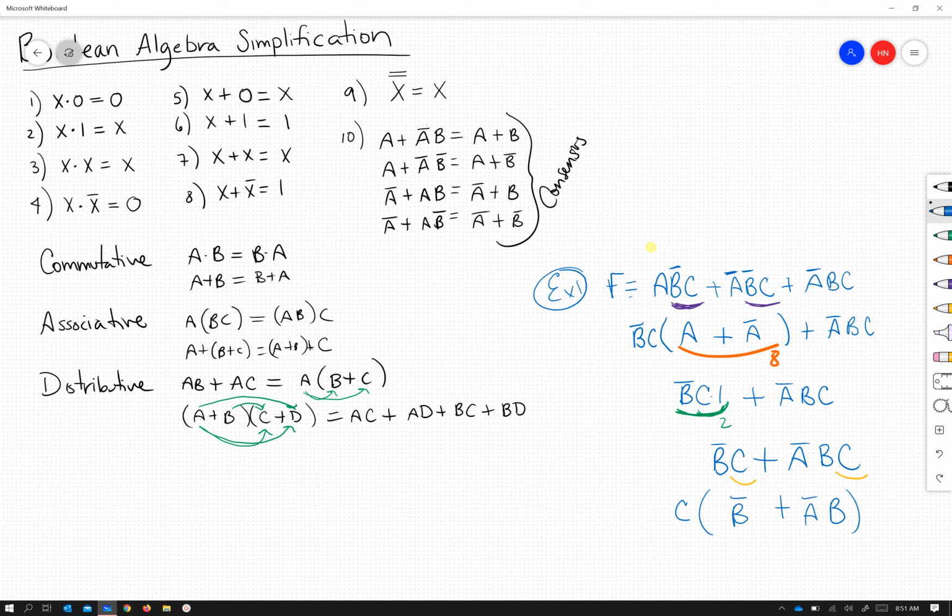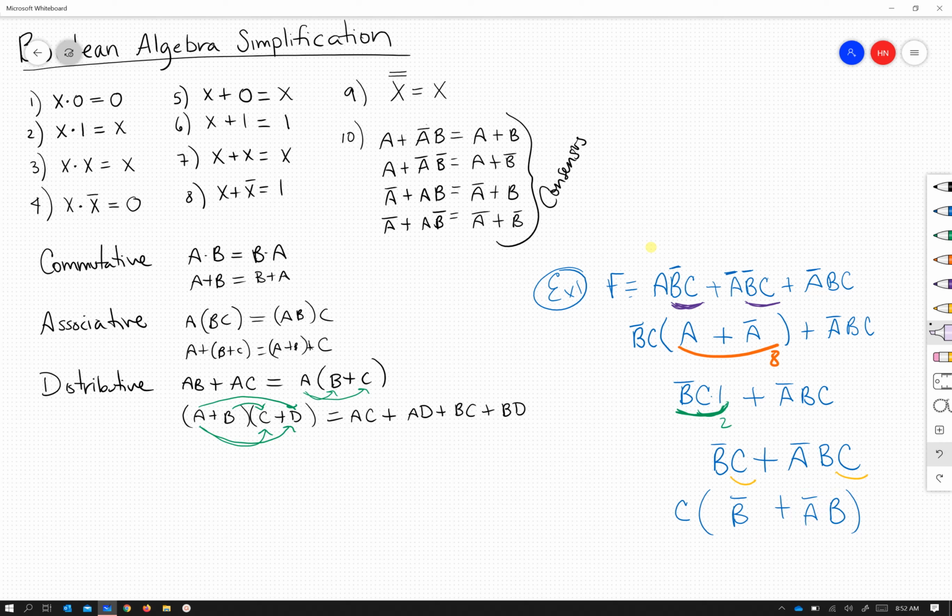Well, yeah, the B and the not B, but not quite, because one is alone. See, this one, the not B, is alone. So it's not quite this one. It's actually the consensus theorem, because the B is alone. This one is alone, and the other one, they're opposites, and this one has hostages.